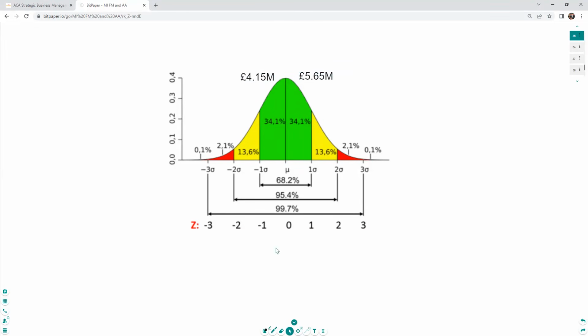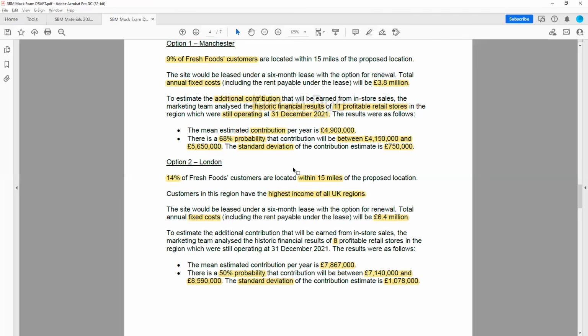Now we're told with the data we're looking at that 68% of values fall between here and here. And of course, we know that's in line with normal distribution, because with normal distribution, one standard deviation below, one standard deviation above, that's where 68.2% of the values fall. So therefore, we know it follows normal distribution.